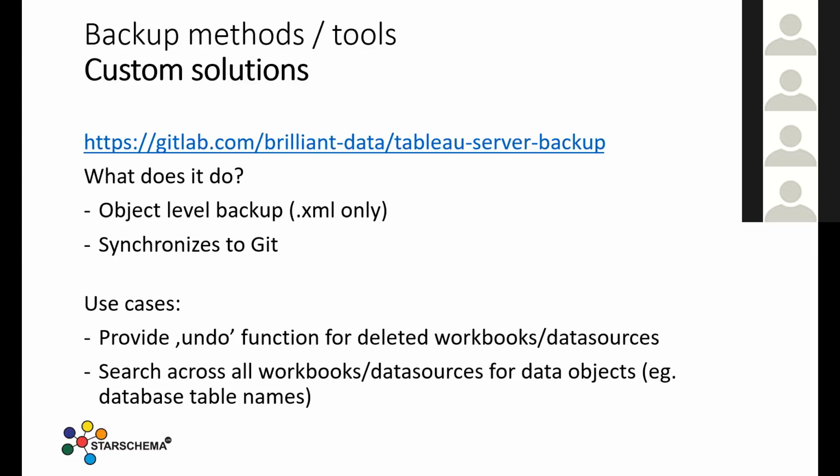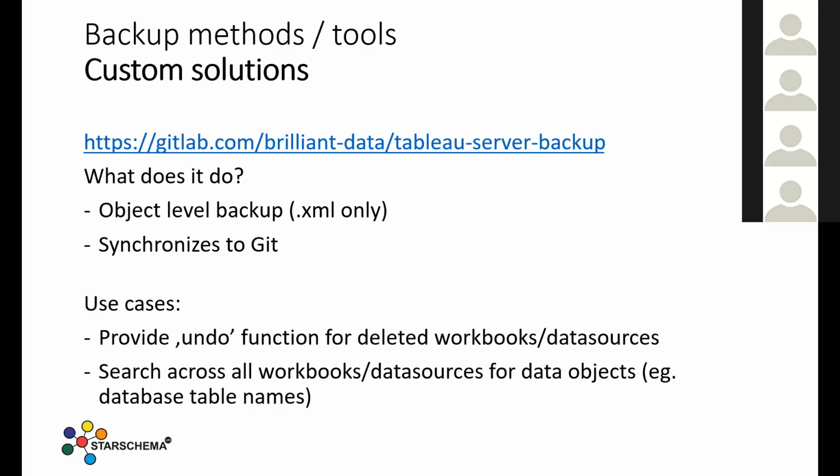Also, there is an additional value to having it on Git: after syncing it all to Git, you can have a very quick, very effective search facility, which can be used, for example, to find specific data objects.